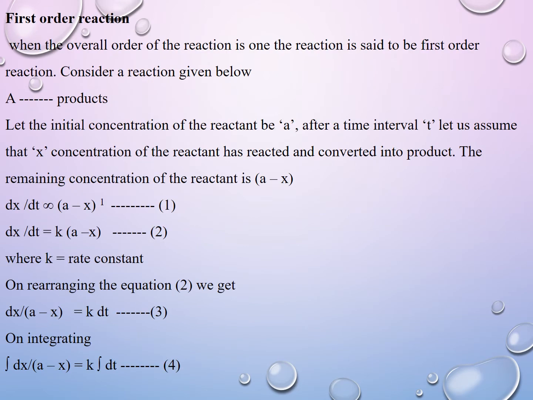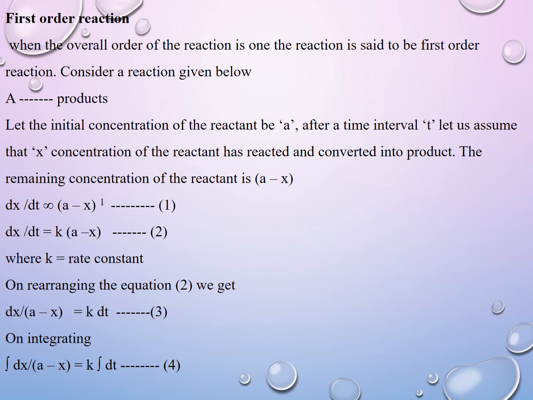Now first let us move on to first order reaction. What is meant by first order reaction? When the overall order of the reaction is 1, the reaction is said to be a first order reaction. Now consider the reaction given below, that is A, the reactant, gives the product.